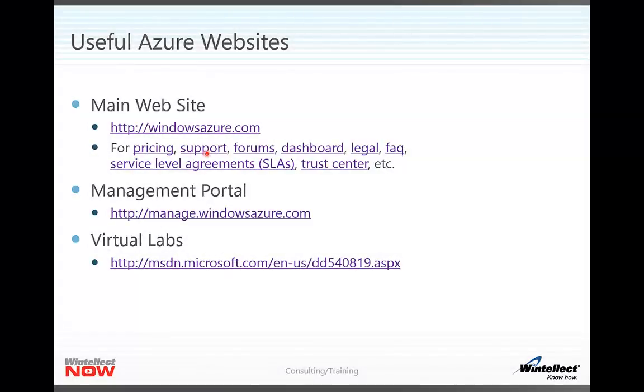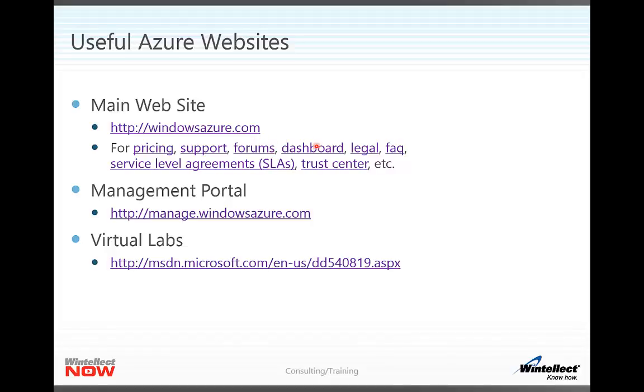On this last slide here, I just wanted to point out a couple of useful Windows Azure websites. The main Windows Azure website is at windowsazure.com. This is the website that you would go to learn all kinds of things about Windows Azure, such as what the pricing is for the various services, the support models, the service level agreements. There are forums on here where people can ask questions.